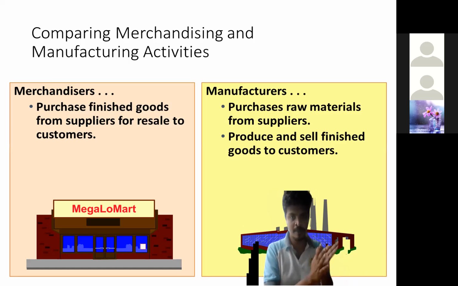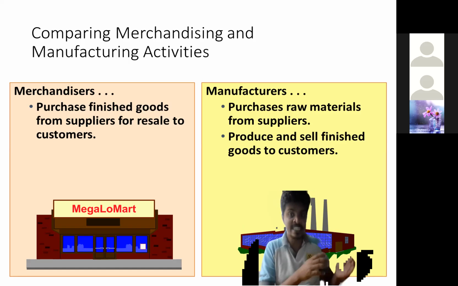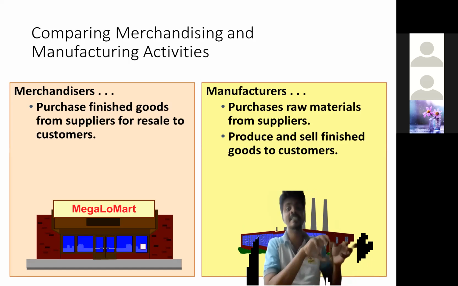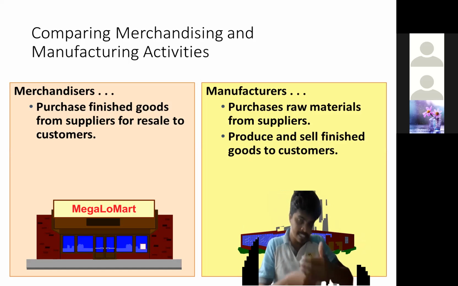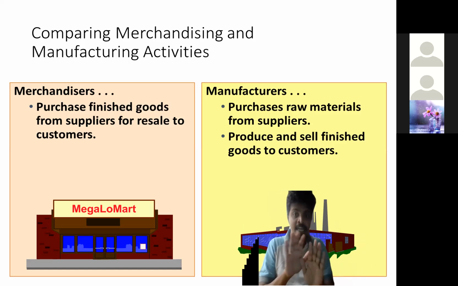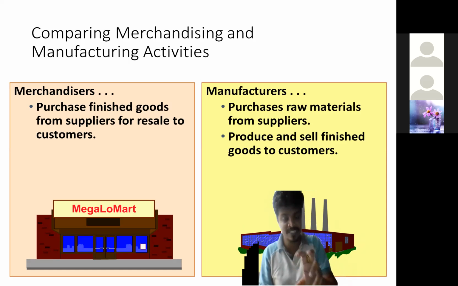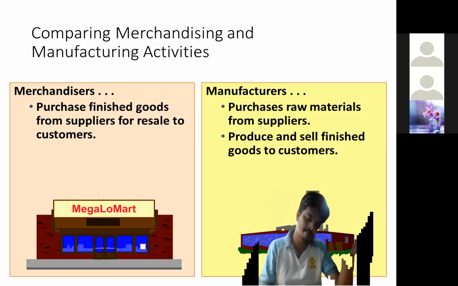But when it's manufacturers, they are not purchasing the finished goods, they are purchasing the raw materials from the suppliers. Then they are processing the production. Then after getting the product, they are selling the products which are produced by them.